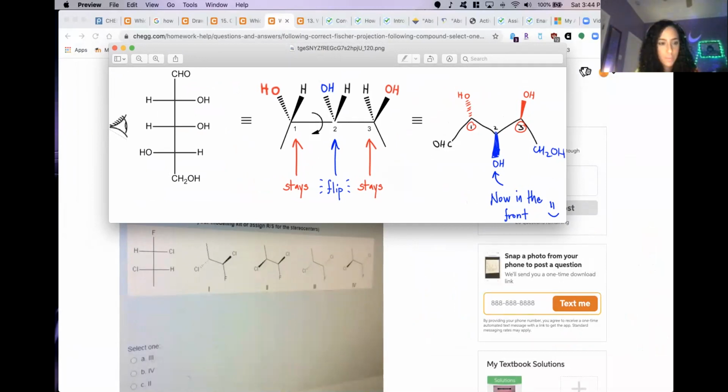In the Fischer projection, the one right here on the bottom. Got it. You can see how the F is at the head. By this picture's convention, as a theory, we're going to give Cl the dash. That's up there, so we're going to eliminate 1 and 2.